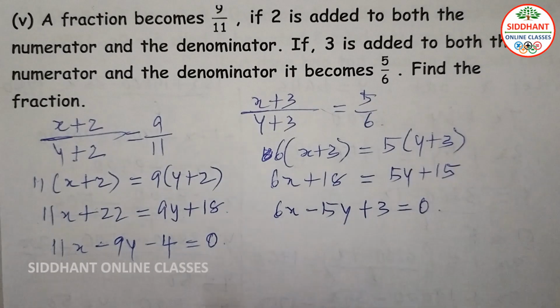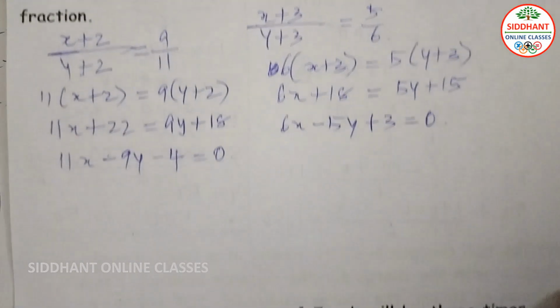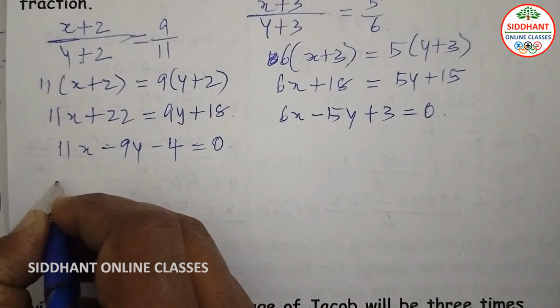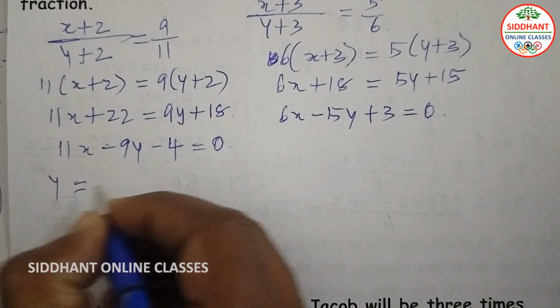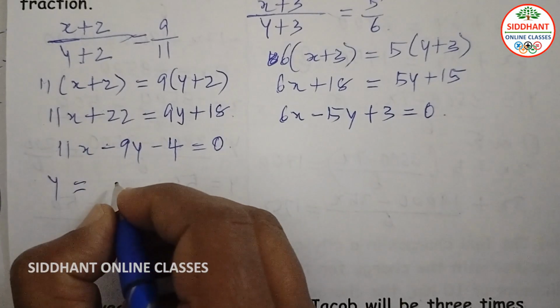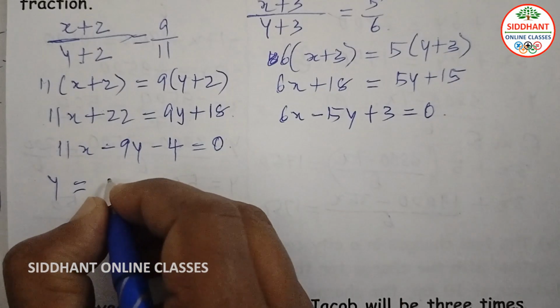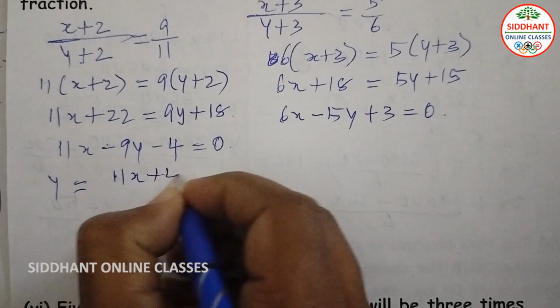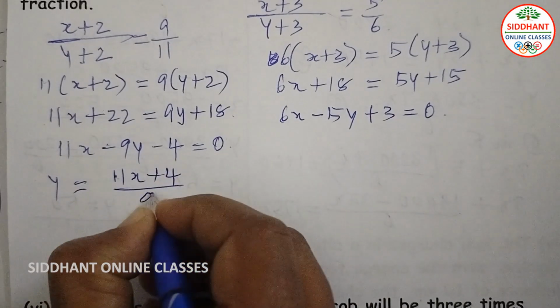So these are the two equations. From the first we are going to find out the y value here. So y equals, coming to here, it will become 11x plus 4 by 9.